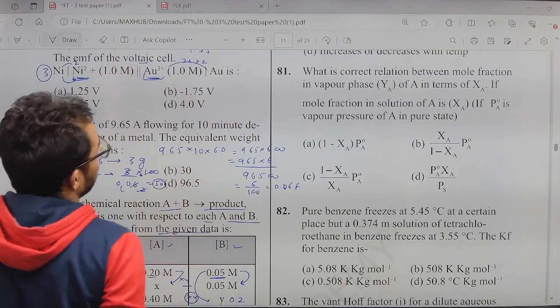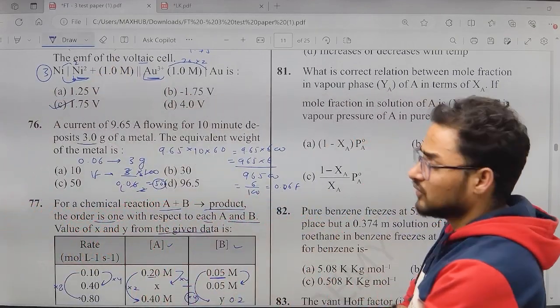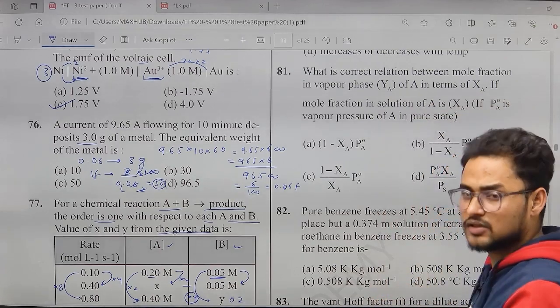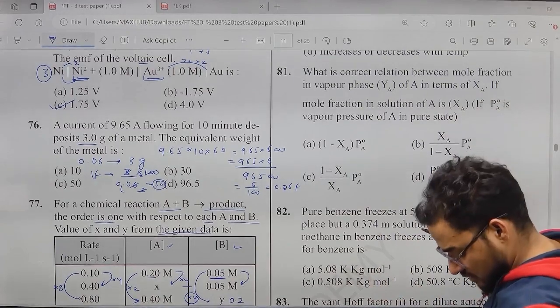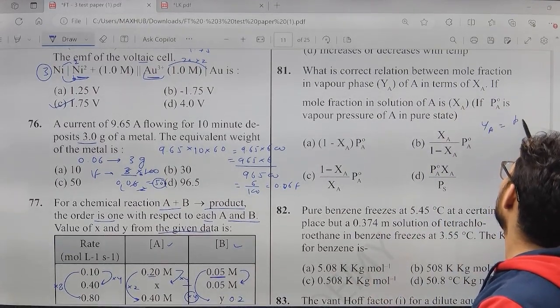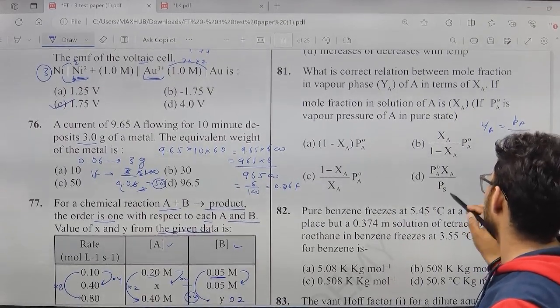Question number 81. What is the correct relation between these? We know the mole fraction in the vapor phase, according to Raoult's law and Dalton's law, we will apply here. Mole fraction in vapor phase Ya is equal to Pa upon P total. He is using the term PS here for this.